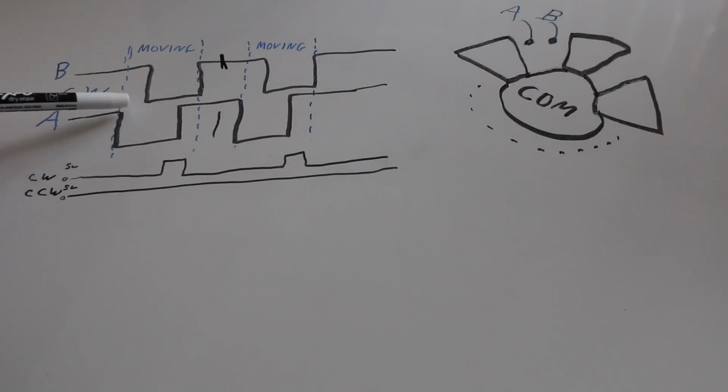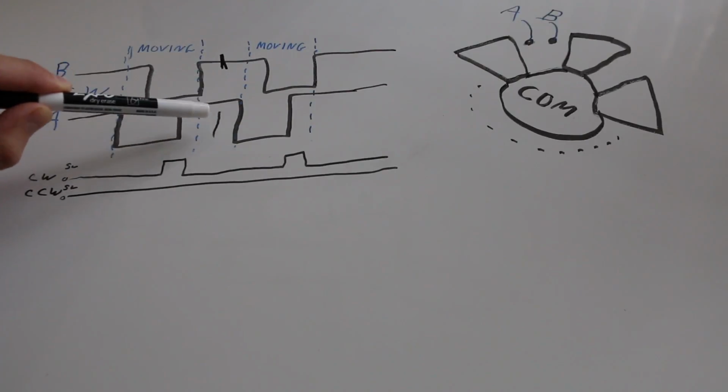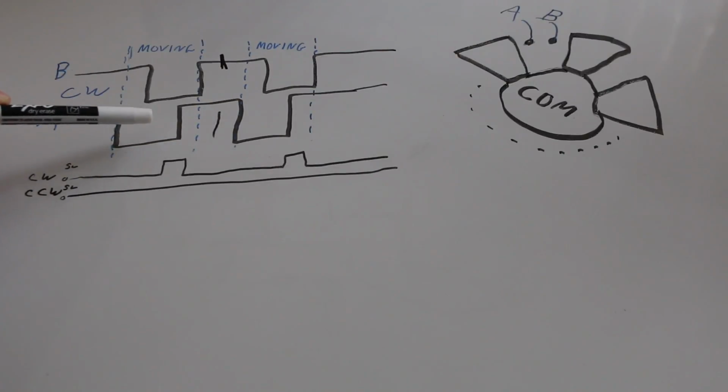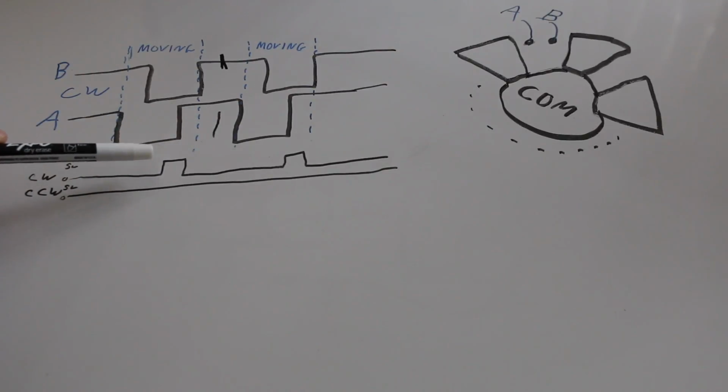Somewhere after this process has started and before we've gone idle, because any second now we can get a new direction, within this timing of start to finish of the motion, somewhere in here we want to generate a signal on clockwise to tell us we have moved clockwise.